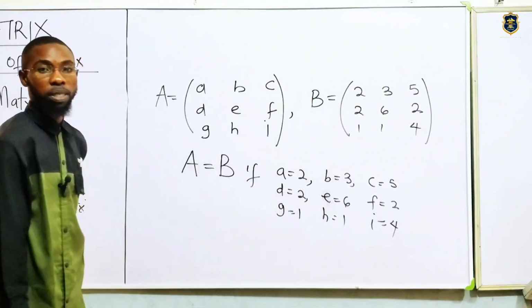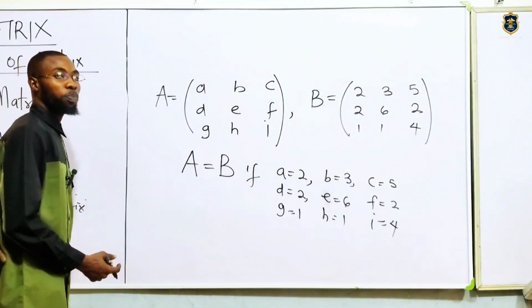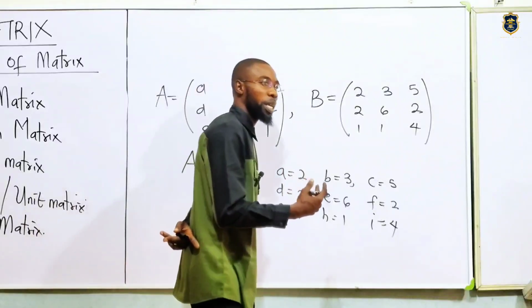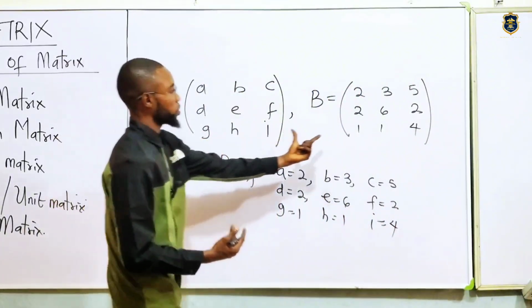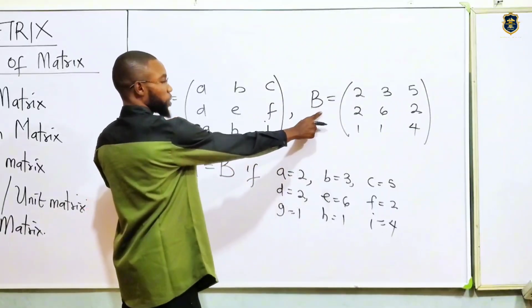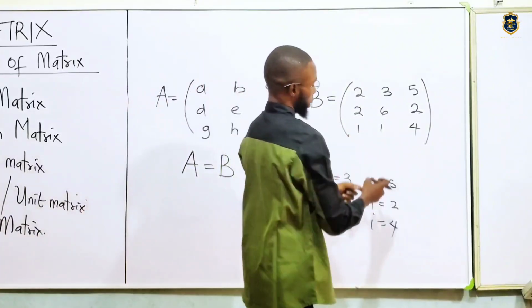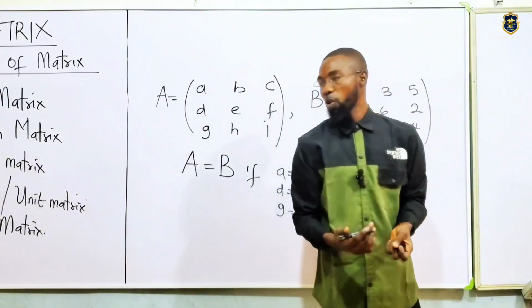That's what an equal matrix means. An equal matrix is simply comparing two matrices and their elements together. Right? That's all about equal matrices.